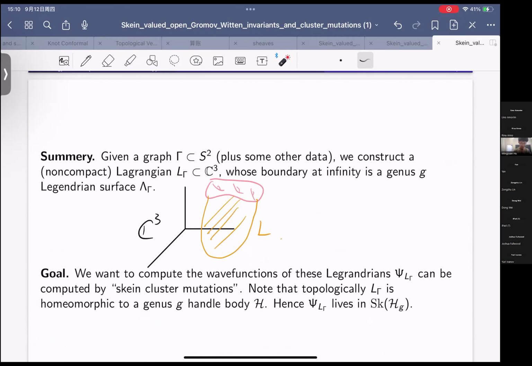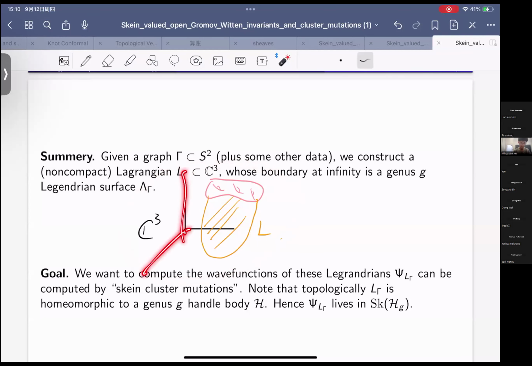The long story short is that we have a gamma, and then we can construct a non-compact Lagrangian L gamma, cylindrical at infinity, living in C3, and the picture looks like this.